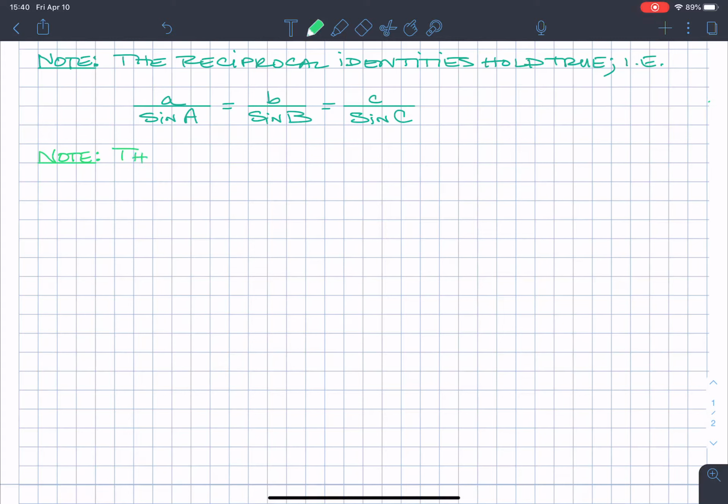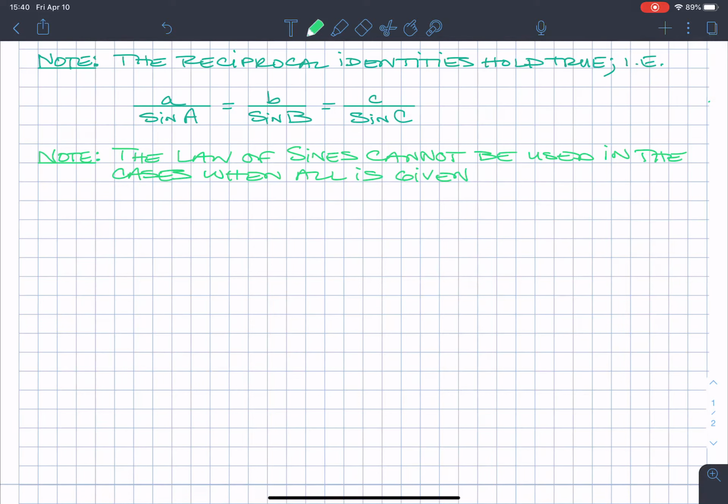The law of sines cannot be used in the cases when all that is given is either number one, side angle side, or number two, side side side.